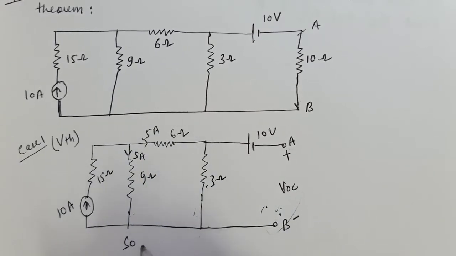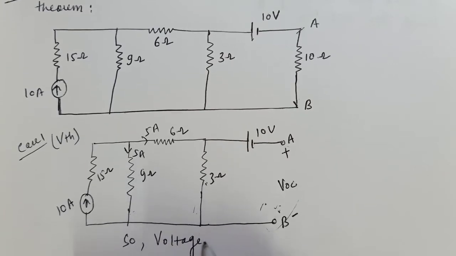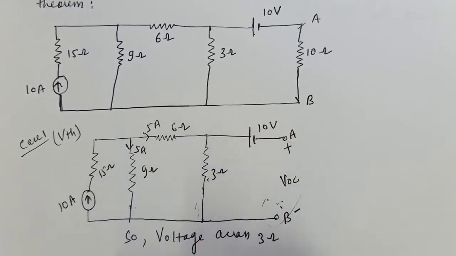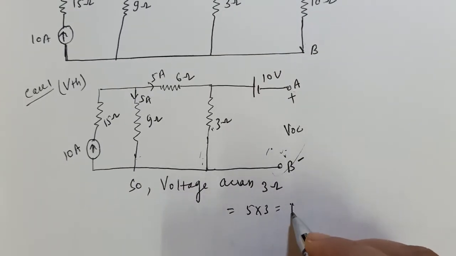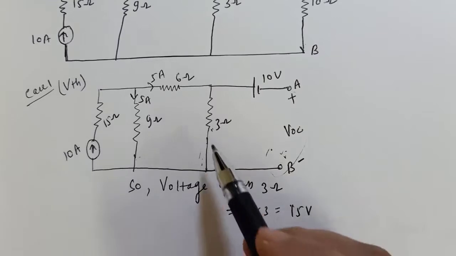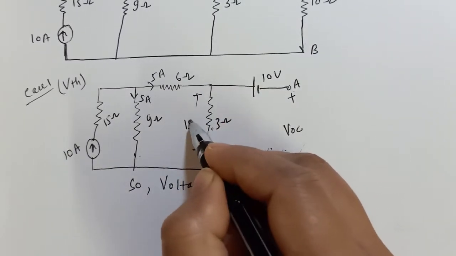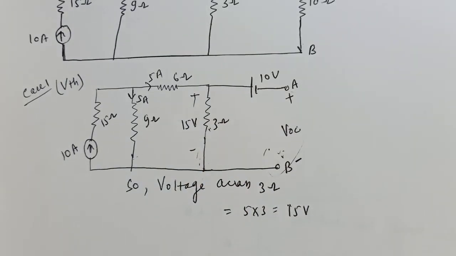Voltage across the 3 ohm resistor will be what? 5 ampere current is flowing and the resistance is 3 ohm, so 5 into 3 equals 15 volt. Clear? So across the 3 ohm resistor, the voltage we got is 15 volt.